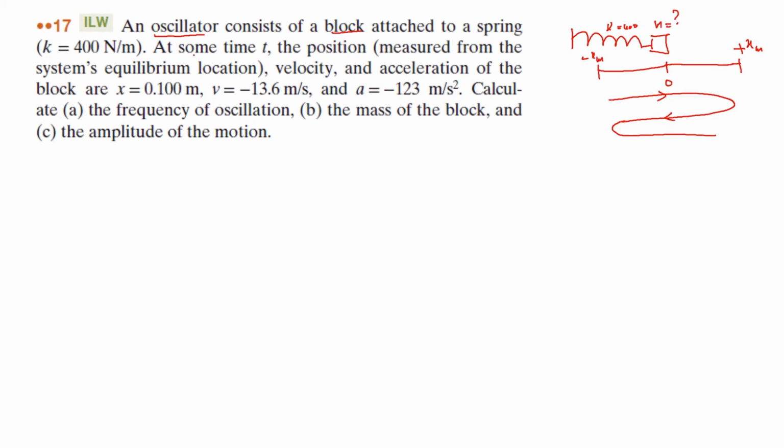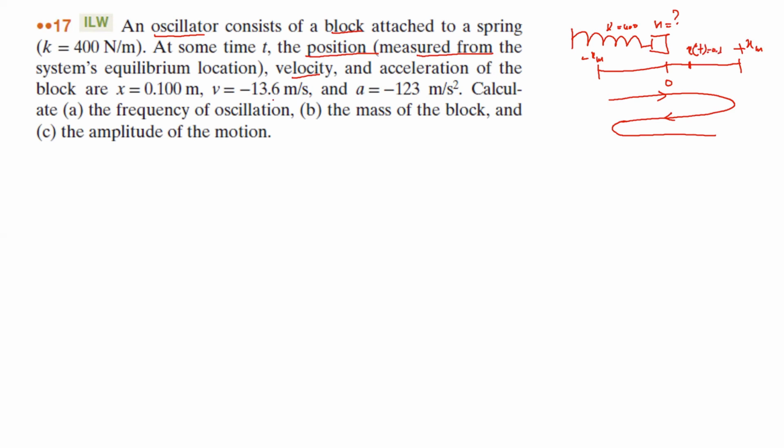Now, at some time t, at a given time, the position measured from the system equilibrium location, x at a given time, the position, the velocity and acceleration are given. So x is 0.1 meters. So let's say x is here, plus 0.1. X at this time is 0.1.